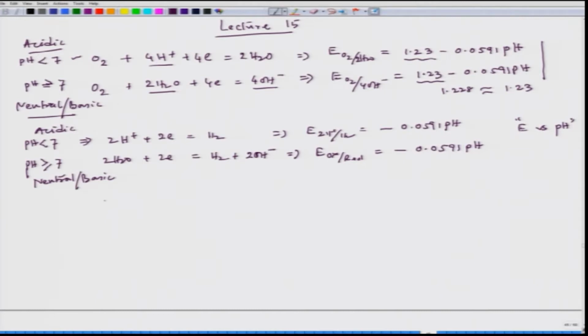Now, as we try to draw pH and E, remember these potentials we are measuring with reference to the standard hydrogen electrode, SHE.